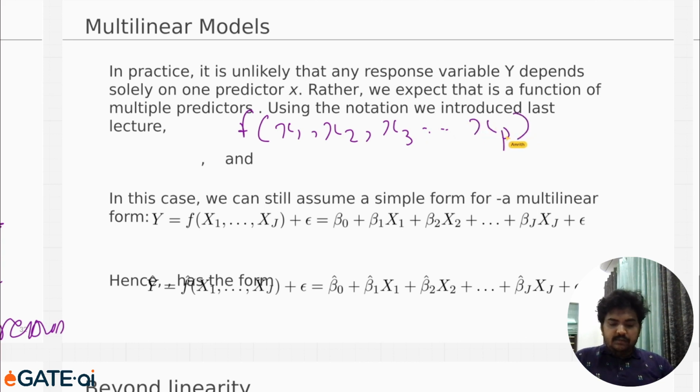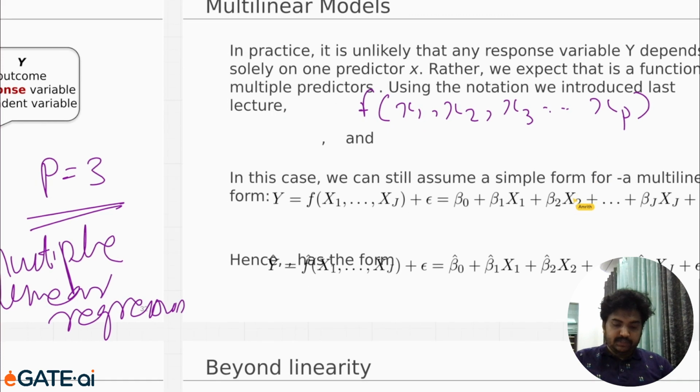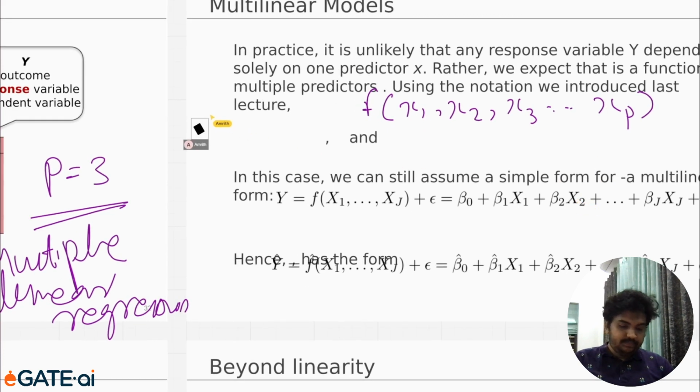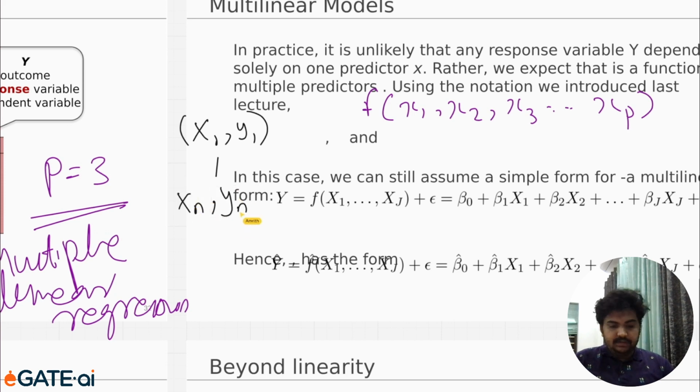So we can say that if we have n observations, that is, we have x1, y1 to xn, yn, right? So we have n such observations.